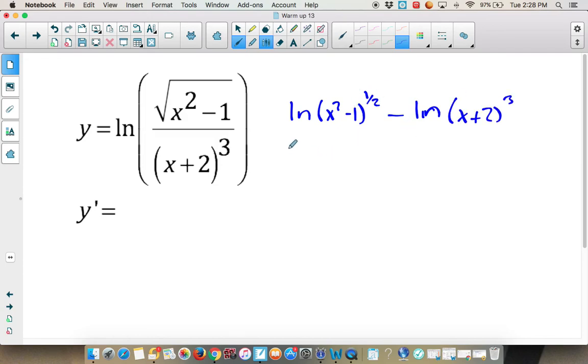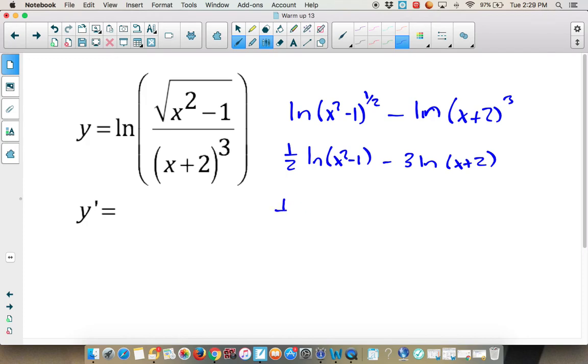I'm going to move those powers to the front, because your powers do get to fly to the front. Minus 3 ln x plus 2. All of a sudden, this problem is significantly easier to deal with because I've expanded first.